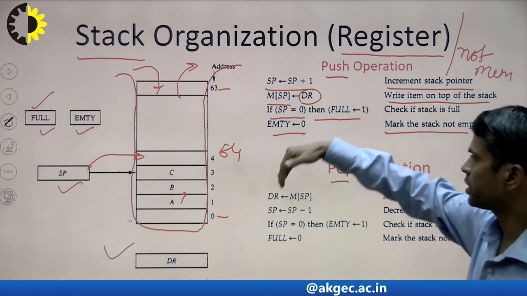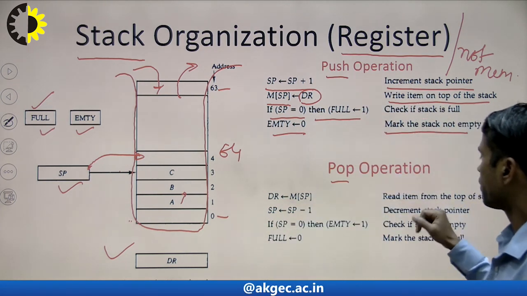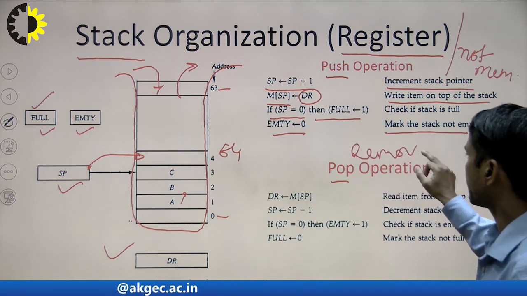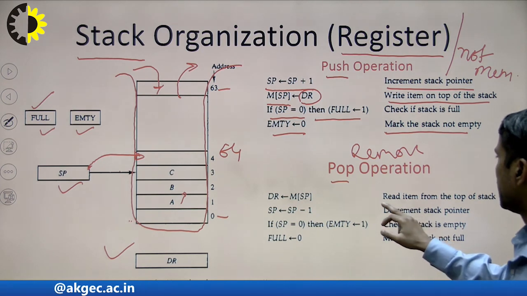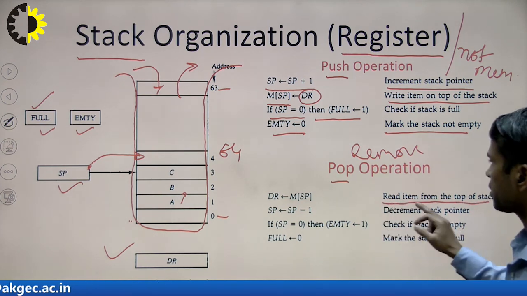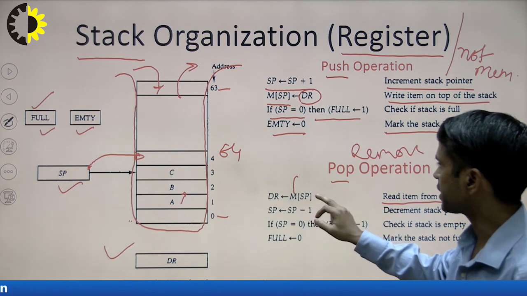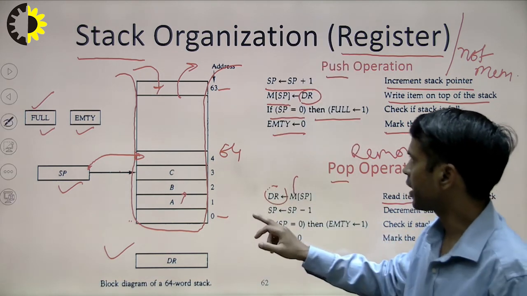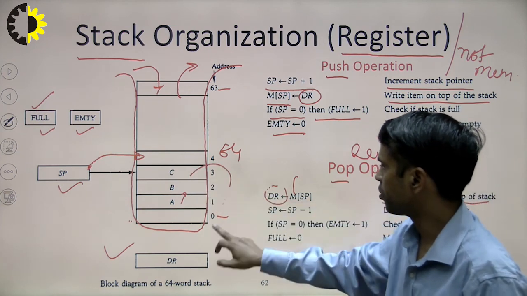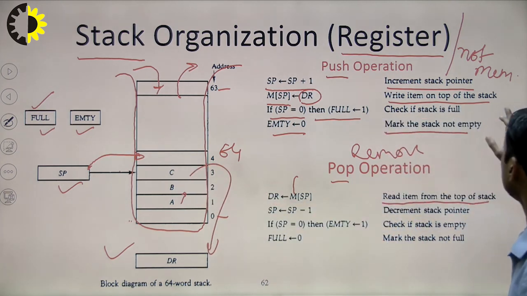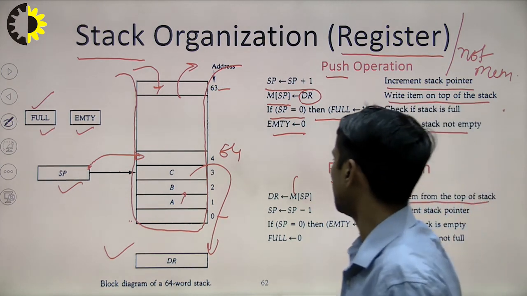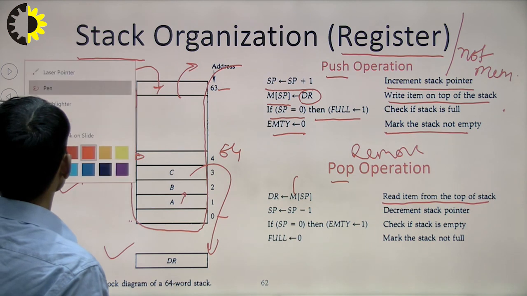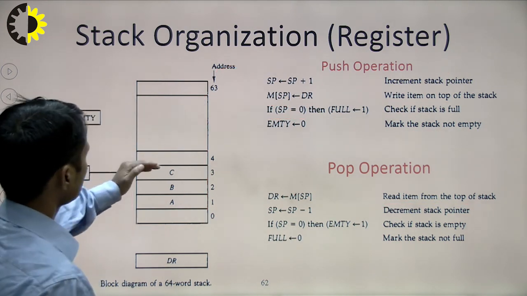Now we have put the data, and we want to remove it. Pop means we remove data. To remove data, we first have to read the item from the top of the stack. The memory location pointed to by the stack pointer, its data will go to the DR register. Certainly our data is being removed from the top of the stack.